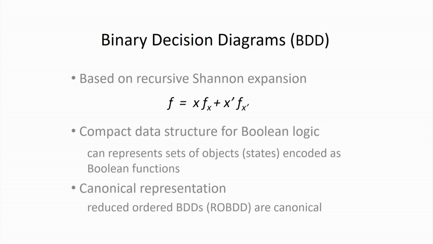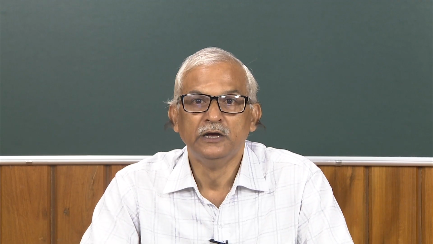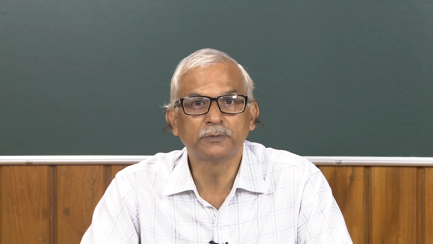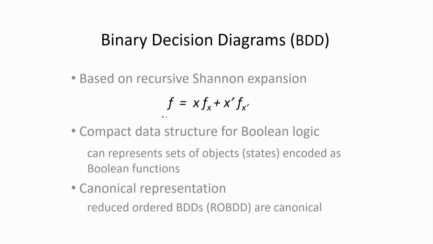BDD is basically based on recursive Shannon expansion. You can expand all Boolean expressions with the help of Shannon expansion. Shannon expansion is given here like this: if f is a function of some variables, then it can be expanded with the help of a participating variable. So, x is a participating variable for this function f.